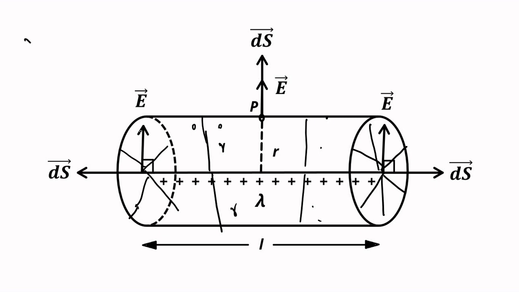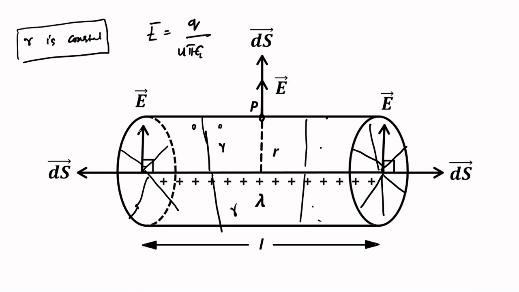So as r, the distance of the wire from all the points on the cylindrical cross-sectional area, is constant, the electric field will also be constant, because electric field is equal to q by 4 pi epsilon 0 r square. As r is constant, E will also be constant.